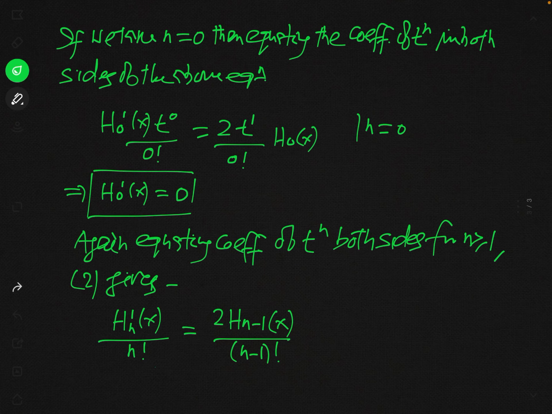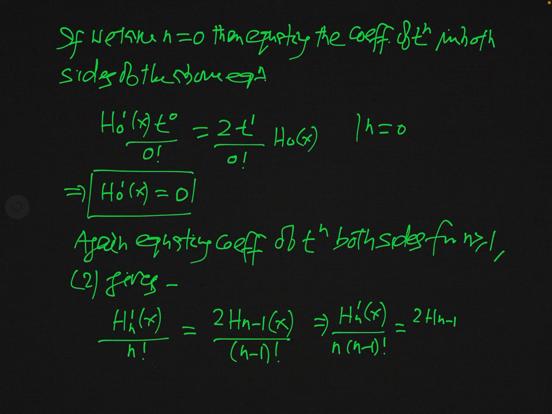And from here you can easily see that this expression may be written as Hn prime of x over, you know, n factorial can be written as n times n minus 1 factorial. And so this is equal to 2 Hn minus 1 of x over n minus 1 factorial.